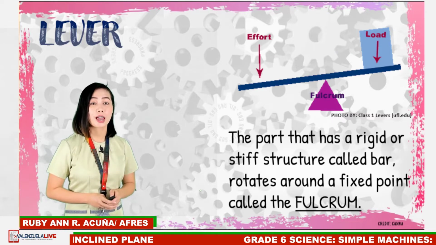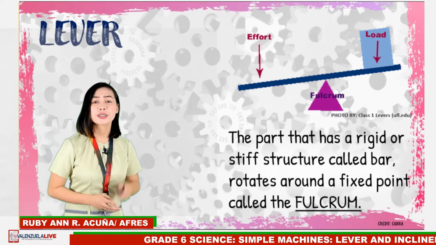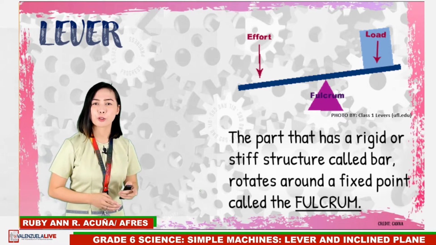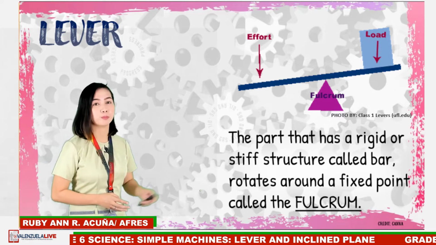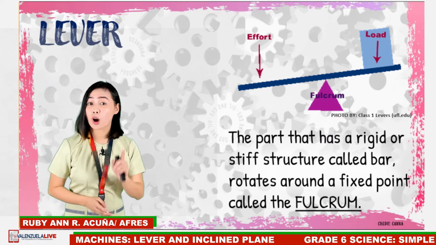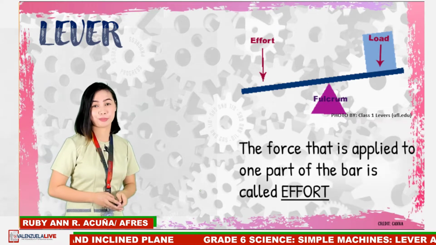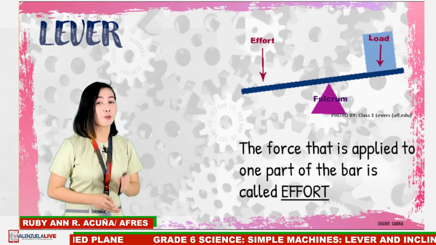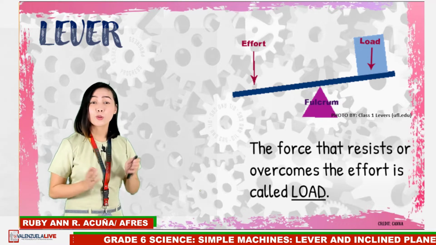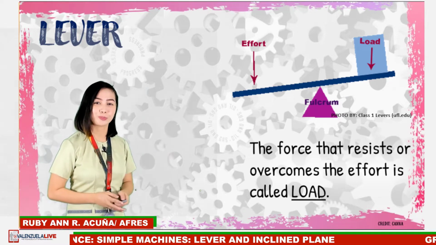The stiff bar rotates around a fixed point called the fulcrum. And the force that is applied to one part of the bar is called the effort, while the force that resists or overcomes the effort is called the load.